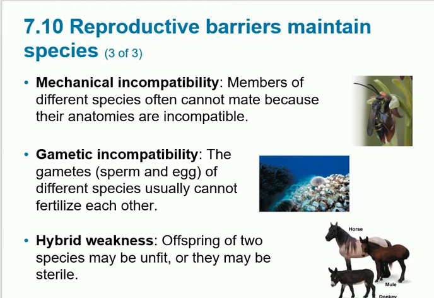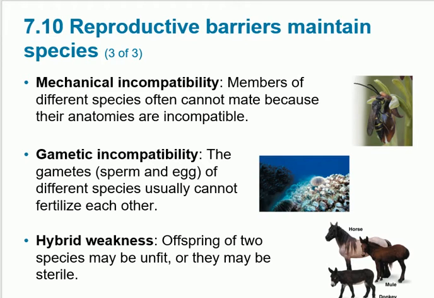The other thing is gamete incompatibility, meaning there is no mechanical issue. Like the male organ of this species and the female organ of the other species, it's okay. It fits together. But the gametes are not compatible, right? Even if they have sexual interaction with each other, this sperm cannot penetrate this ovum, okay?